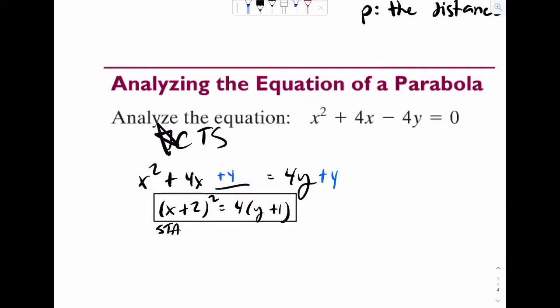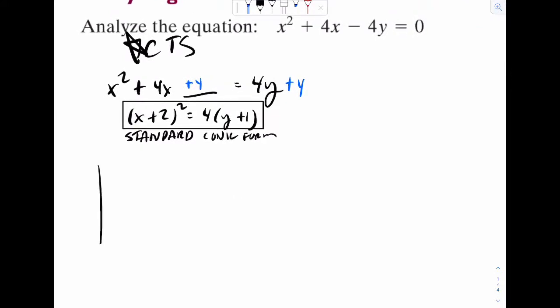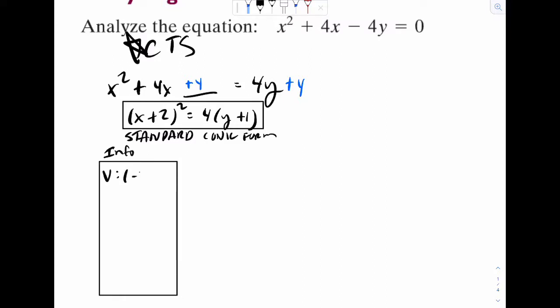So again, we think of this as our standard conic form. From here, let's graph it. So we'll put our info box here. We know the vertex is -2, -1.